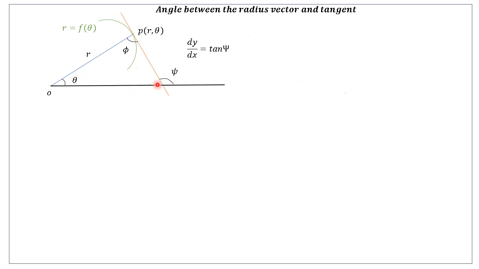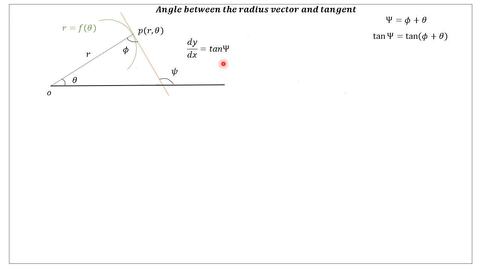So from the figure we can write psi is equal to phi plus theta. Now taking tan on both sides, we get tan psi is equal to tan of phi plus theta.